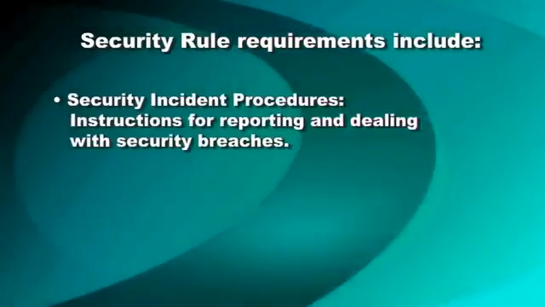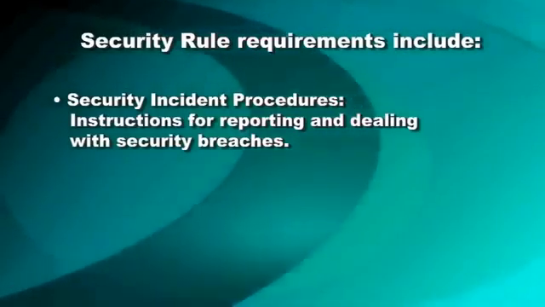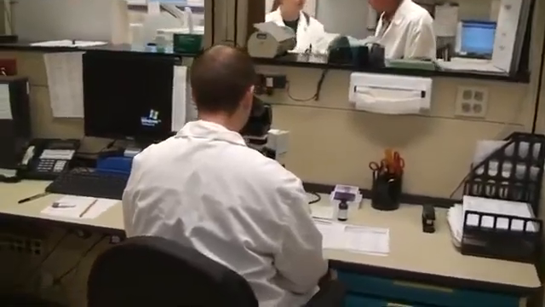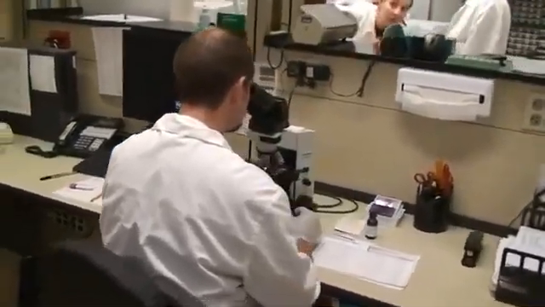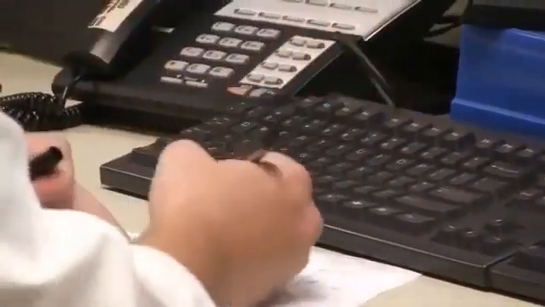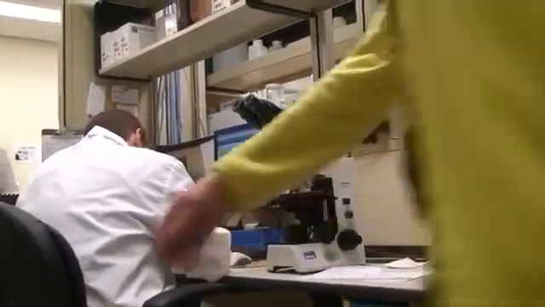And security incident procedures: instructions for reporting and dealing with security breaches. And physical safeguards. The security rule also requires a number of physical steps to ensure that PHI contained in computers is properly protected from environmental hazards, as well as from unauthorized intrusion.